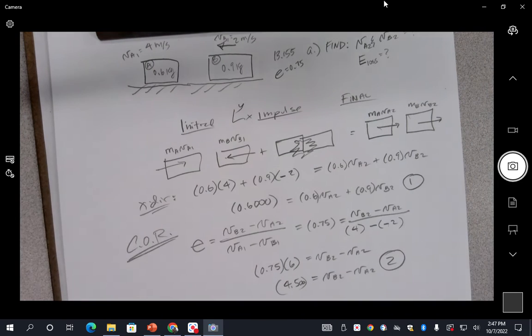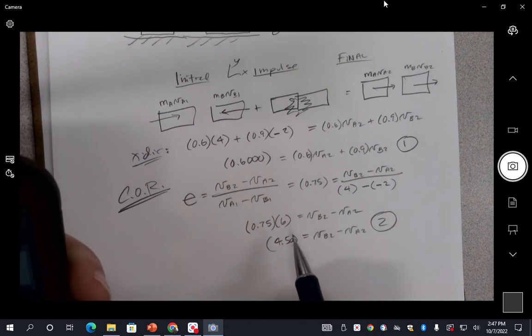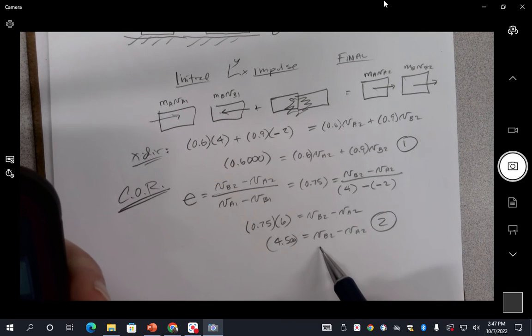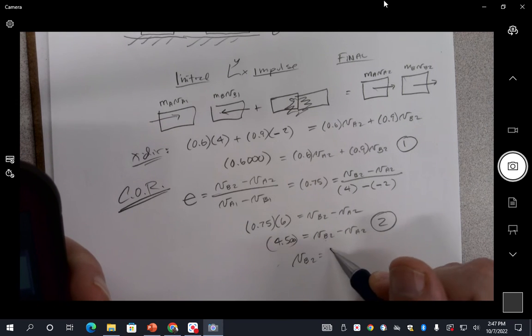Here's our second equation. So I think I'm going to solve for my VB2. I'll write it out, not skipping steps.